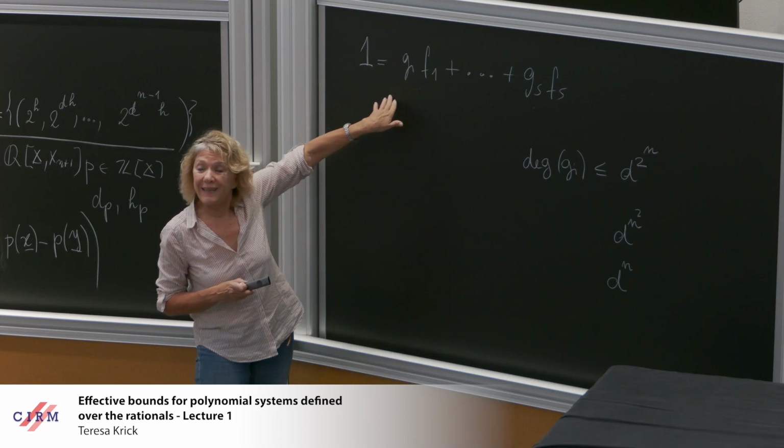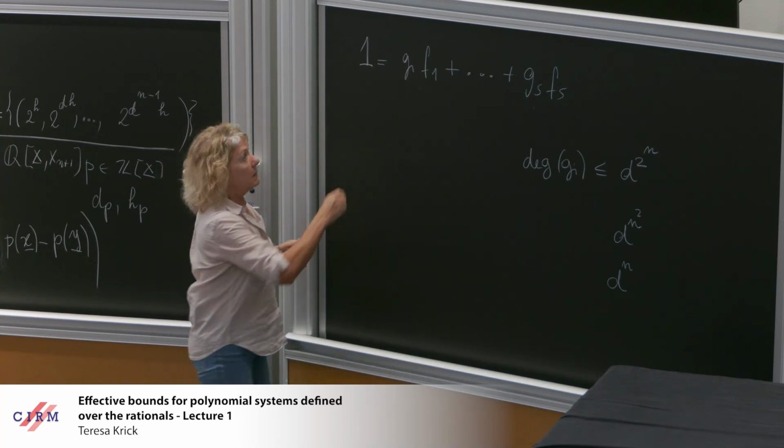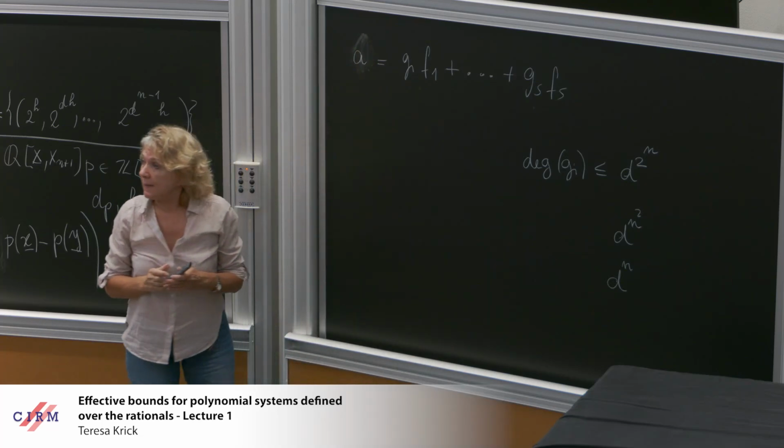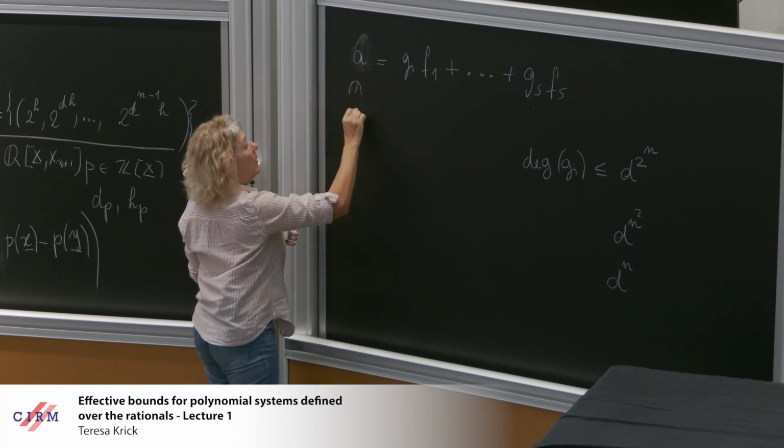Which means you can take a common denominator, and you will get an expression like this, where A is a non-zero natural number.